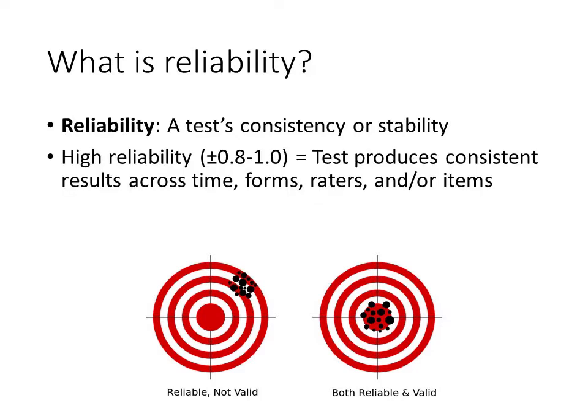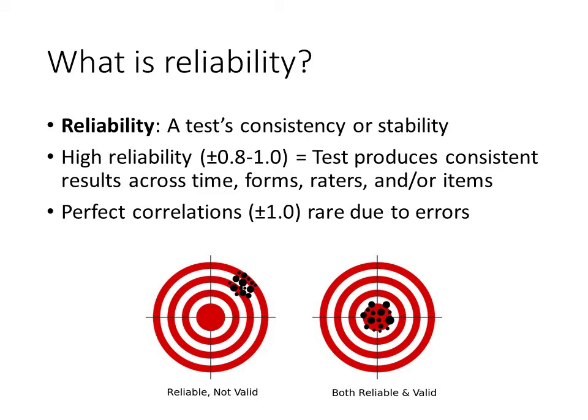Our goal is to create and use tests with high reliability, plus or minus 0.8 to 1. When we use these tests, we get consistent results across time, across forms, across raters, and or across items, depending on the type of reliability that we're talking about.